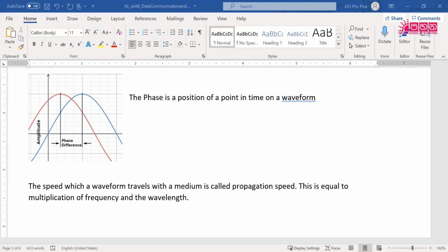One of the things is whether we use wires or wireless transmission. In wired connections, we have different media: twisted pair, coaxial cable, and fiber optics.